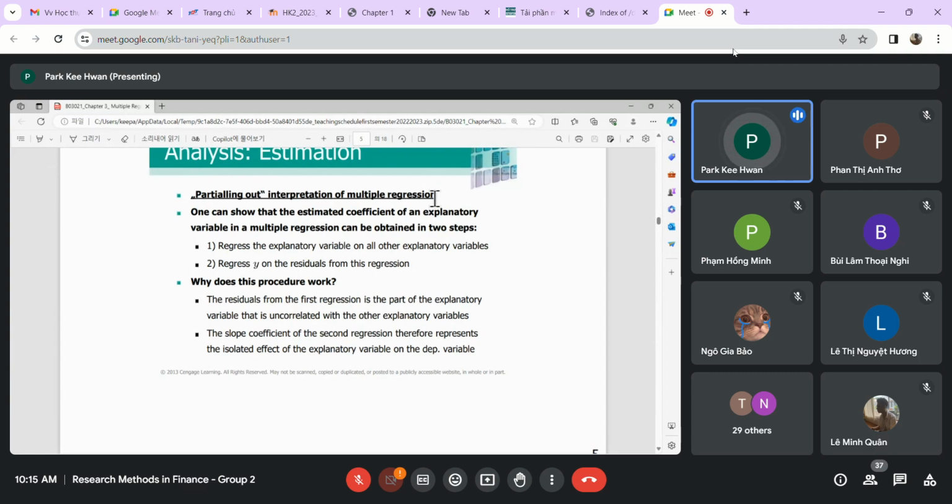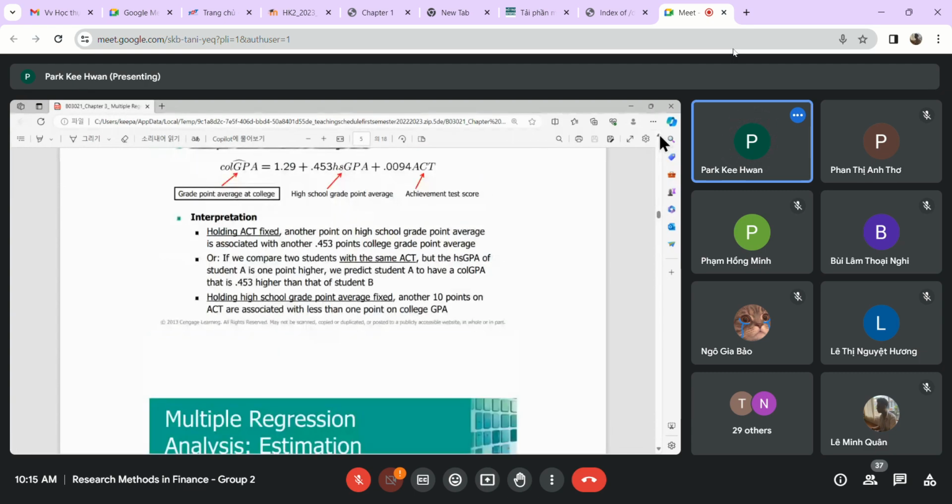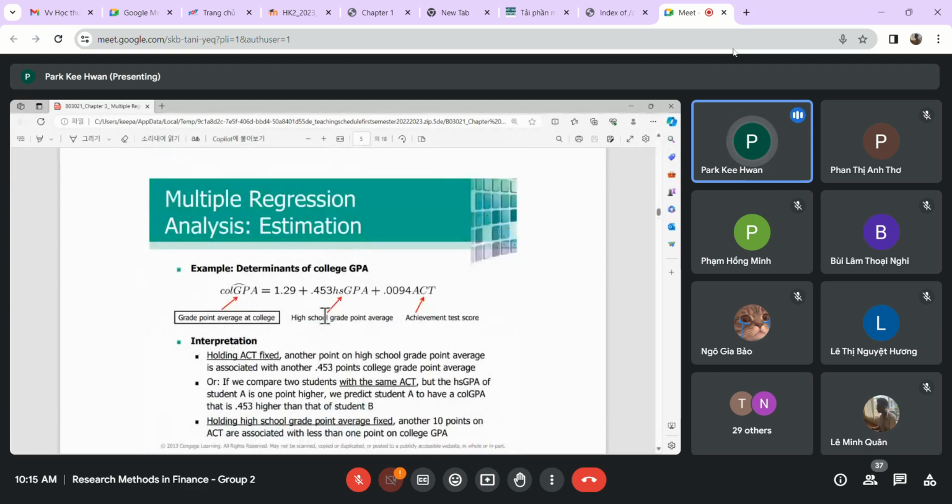The second way is that we regress the explanatory variable on all other variables. In other words, we regress high school GPA on SAT.